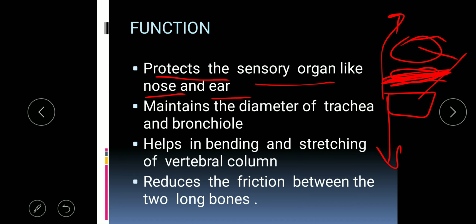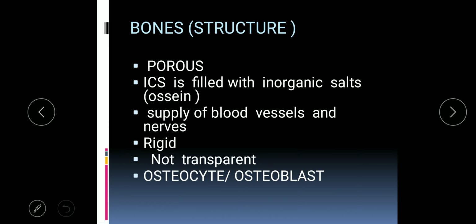When it is present at the ends of the long bones, there is a layer of cartilage between one long bone and another, which prevents friction between the two ends. This is how cartilage reduces friction between two long bones at the joints during any type of movement.